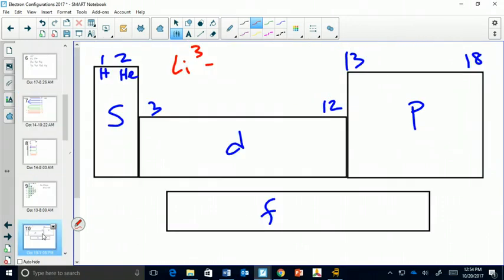All right, so back to our diagram, lithium. Okay, so what block did we say groups 1 and 2 are? This is the s block. And we use the number of the period to tell us what energy level. Remember I said yesterday, energy levels are periods, right? So therefore, lithium begins in 1s.